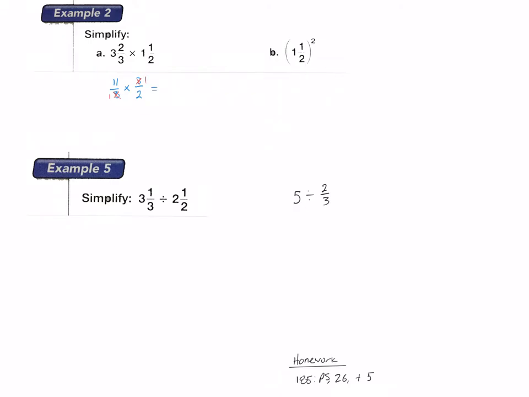So that means I'm going to have 11 times 1 on the top, which is 11, and 1 times 2 on the bottom, which is 2. 11 divided by 2 goes into that 5 times. Subtract and get a remainder of 1. So then this is going to be 5 and 1/2.